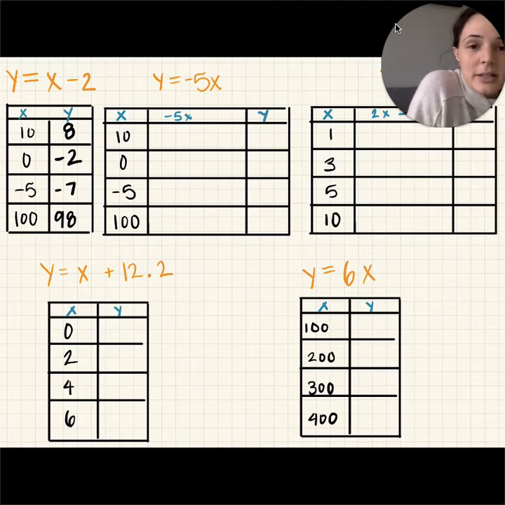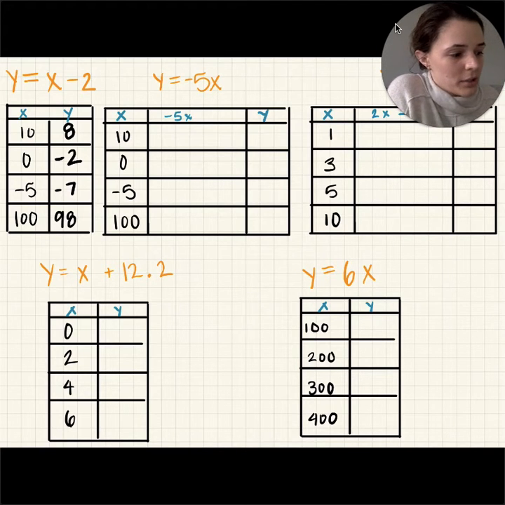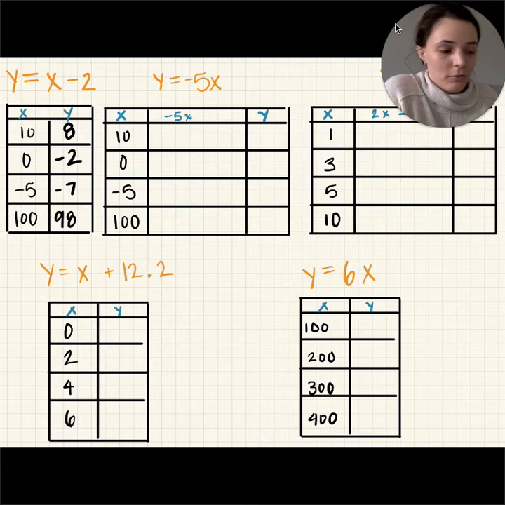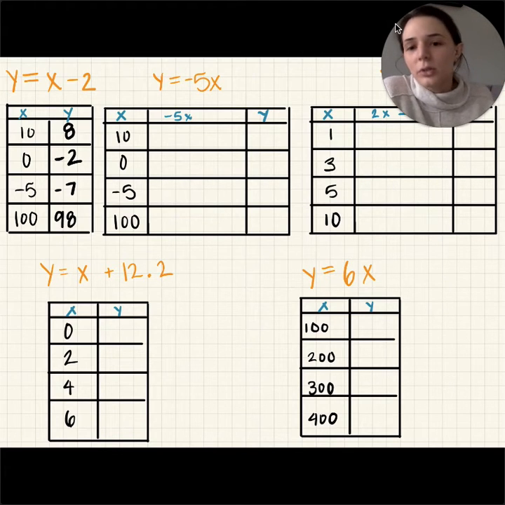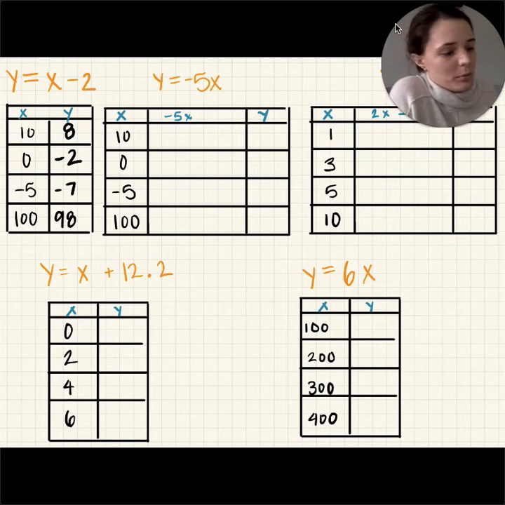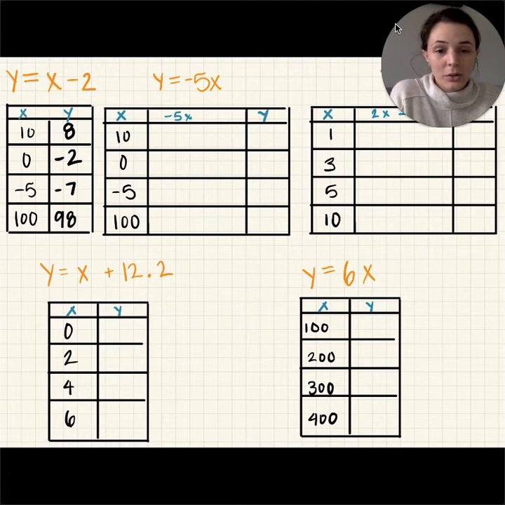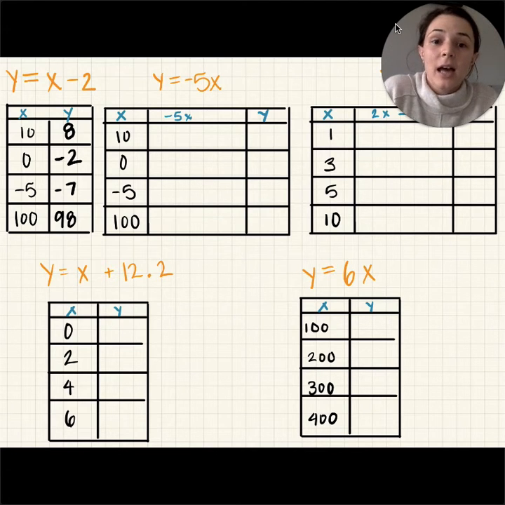So in the next table, I gave us 3 columns. And the middle one is just to show your work. Sometimes it's easier to set it up this way so that you can follow step by step, but it's also okay to just do your work off to the side if you would prefer that. So this time our equation is y equals negative 5 times x.